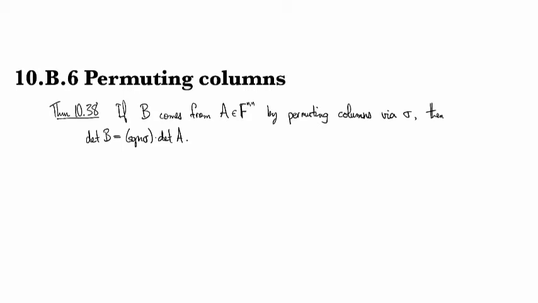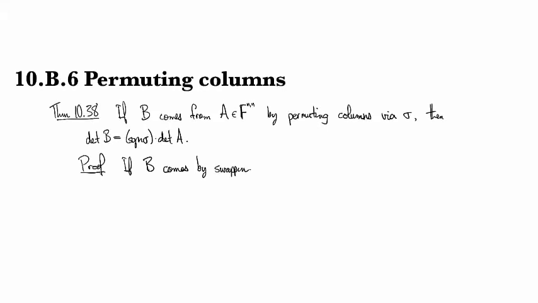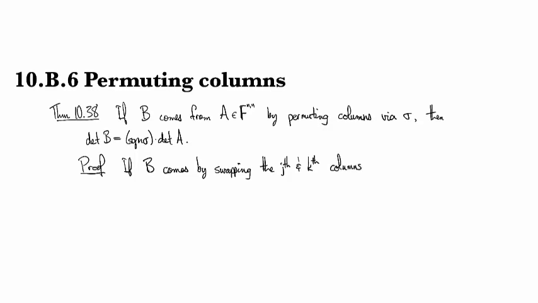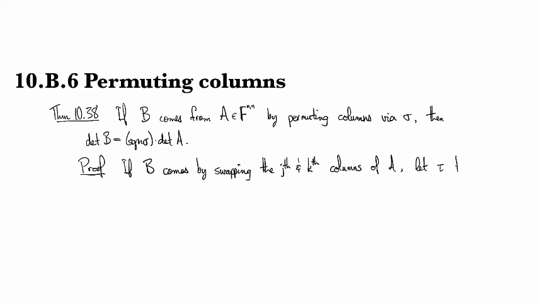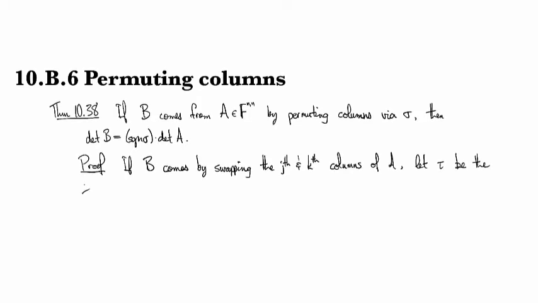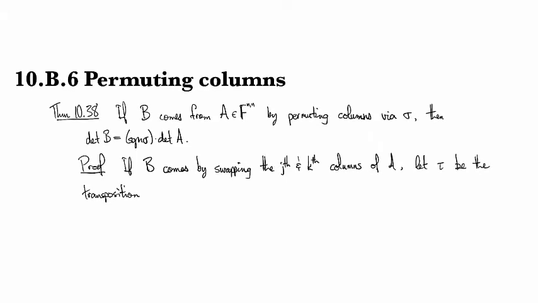All right, so for the proof of this, if, say, B comes just by swapping two columns, so we'll say by swapping the jth and kth columns, and we'll say let tau be the transposition that swaps j and k.